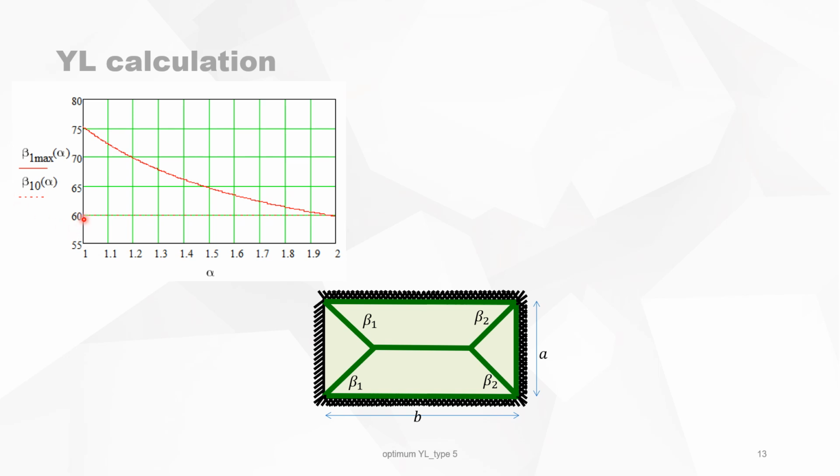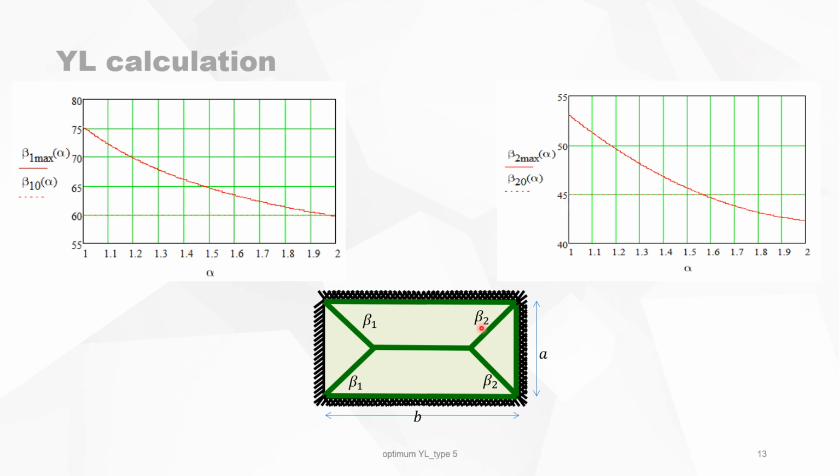Notice that beta 1 for the 30, 45, 60 rule is 60, which is the red dotted lines. And the optimized value is always bigger. Then we can do the same for beta 2. The coefficient for the 30, 45, 60 rule is, of course, because we have the same support here, both left and right, 45 degrees. And here you see that the optimum value can be larger or smaller.